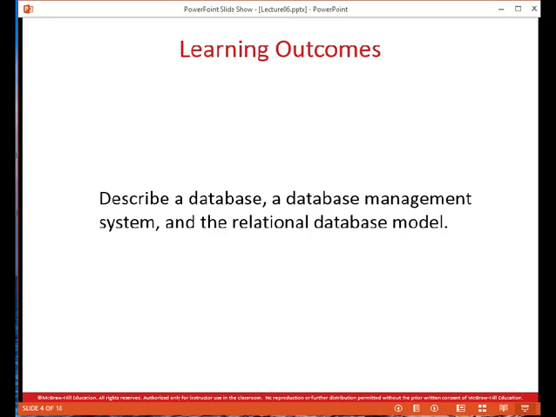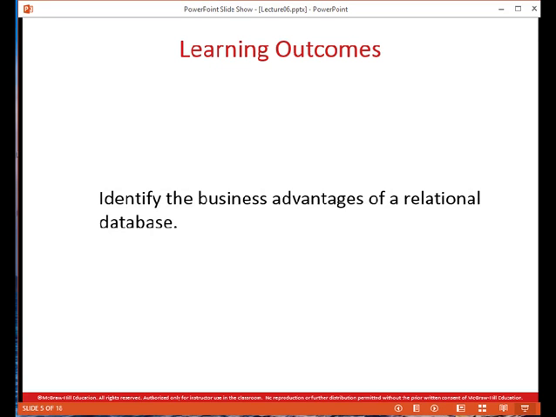The relational database model allows users to create, read, update, and delete data in a relational database. So the book also identified the business advantages of a relational database.